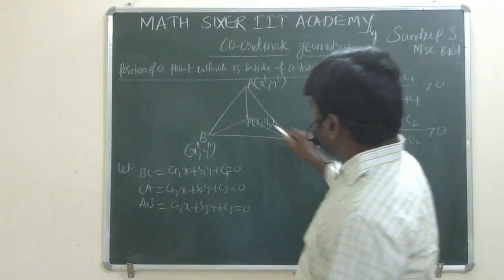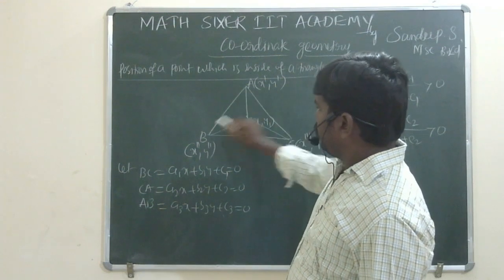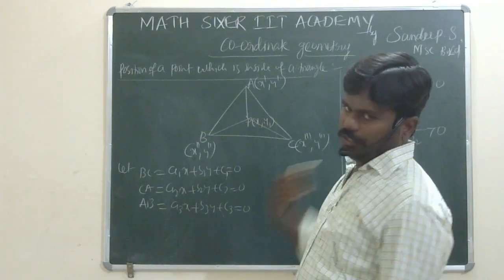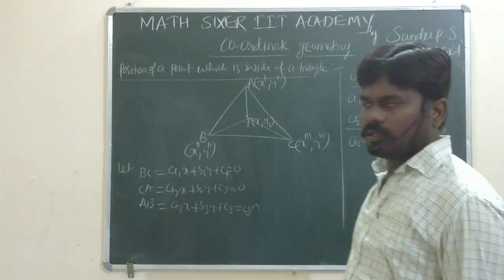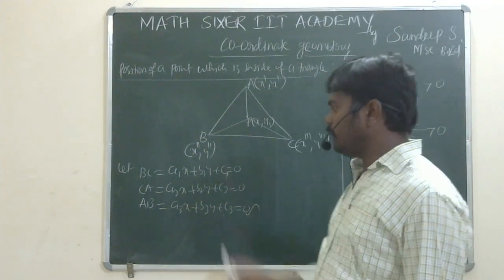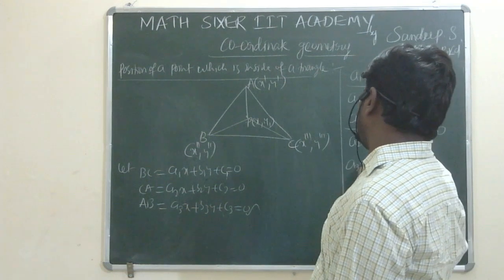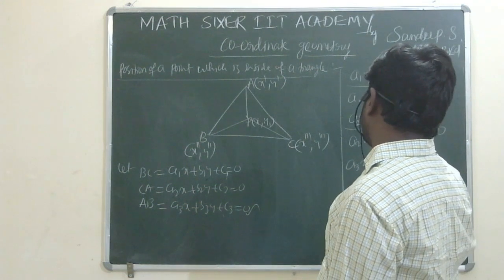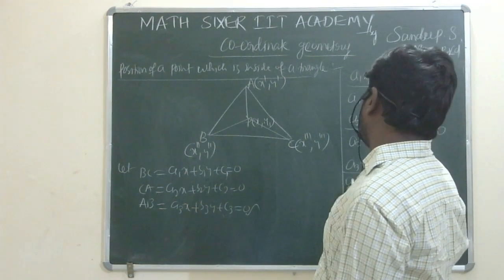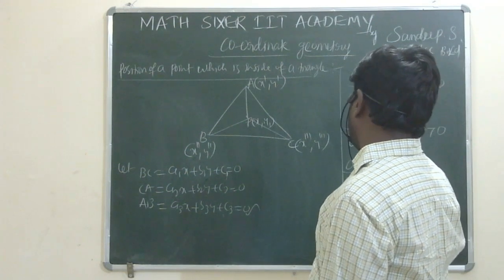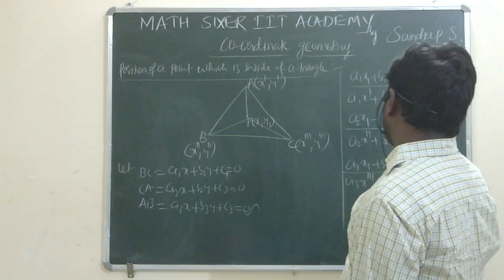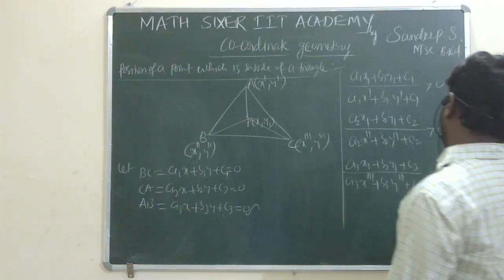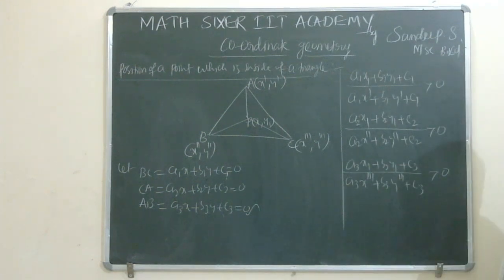Next, with respect to the AB line, P and C are on the same side of the line. So again here with respect to this side of the line AB, what will happen here? a3x1 plus b3y1 plus c3 divided by a3x triple dash plus b3y triple dash plus c3 is greater than 0.